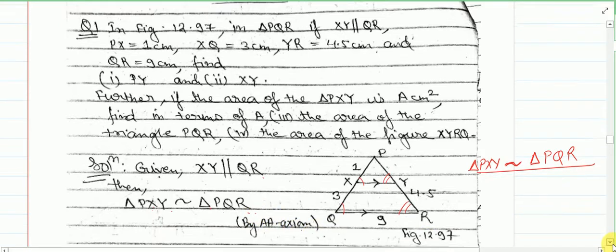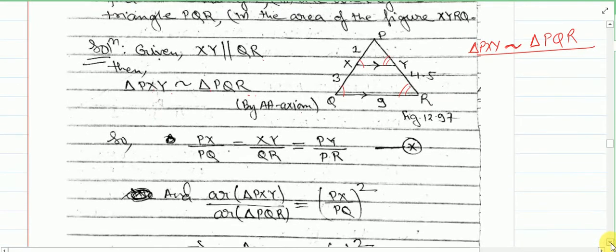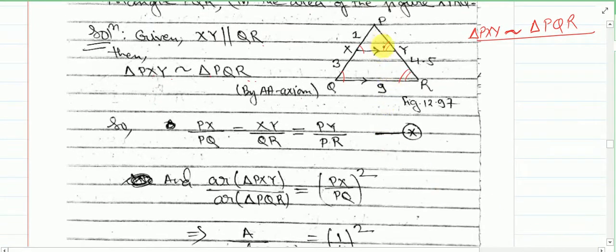Since these two triangles are similar, the corresponding sides are proportional. That means PX upon PQ, because corresponding to PX is PQ, XY upon QR is equal to PY upon PR. Mark this as star. Later on we will need this.